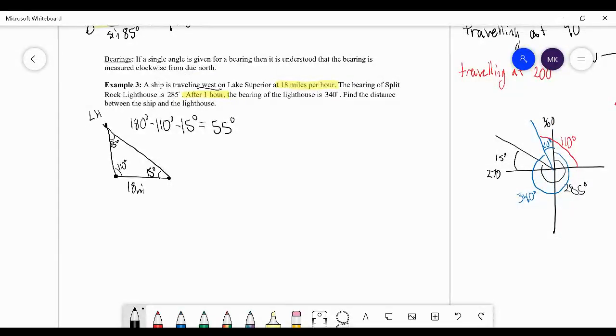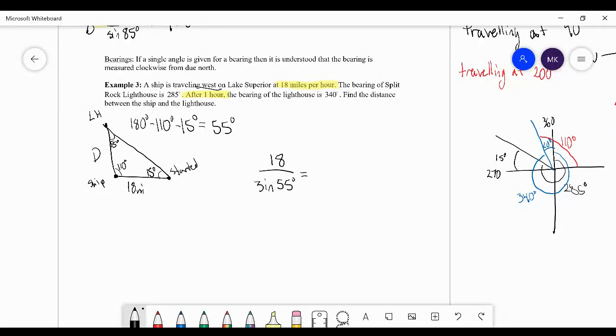So we started here. So this is where we started. After an hour, this is where we're at. So this is where the ship currently is. We need to find this distance. How can I do that? Law of sines. Because I know this angle here and this side here, those compare together. So we get 18 for a sine of 55 degrees.